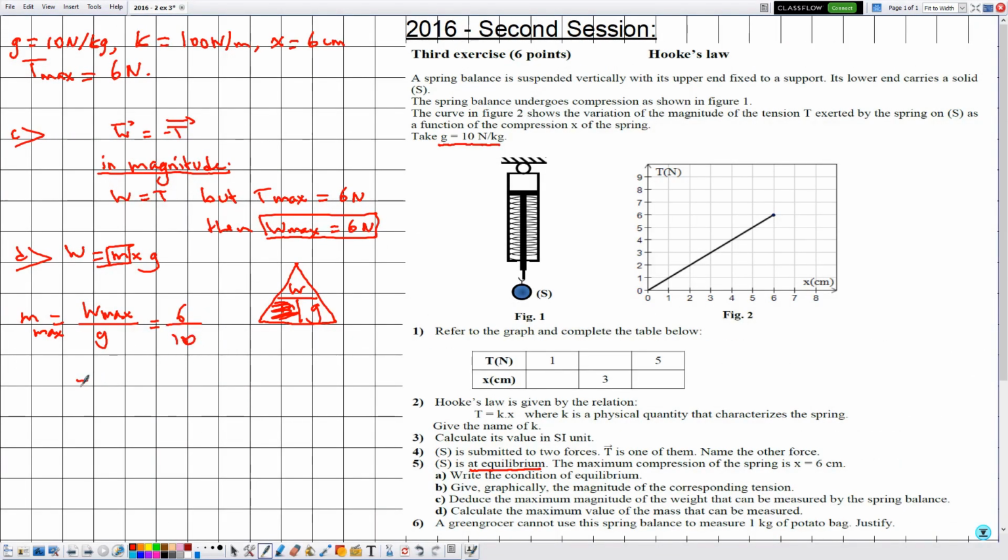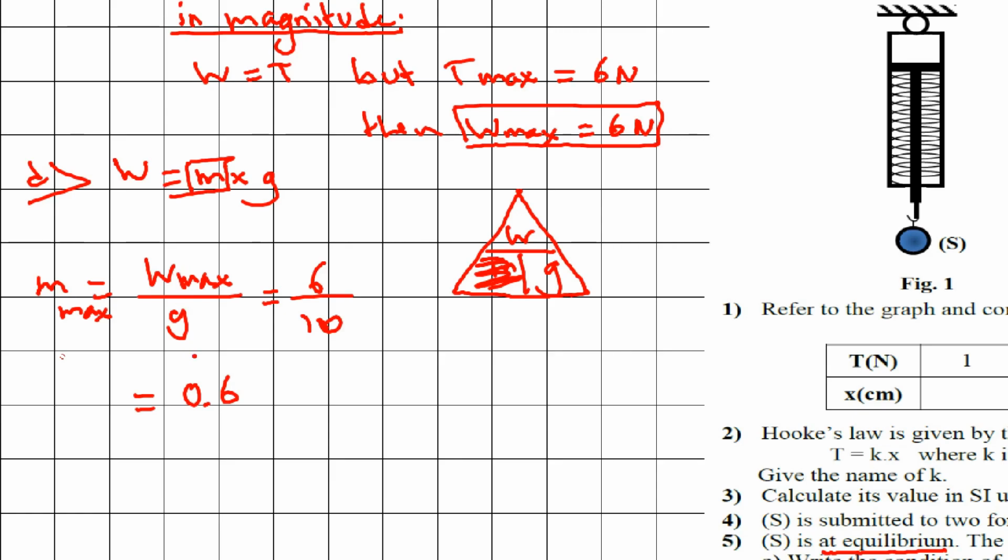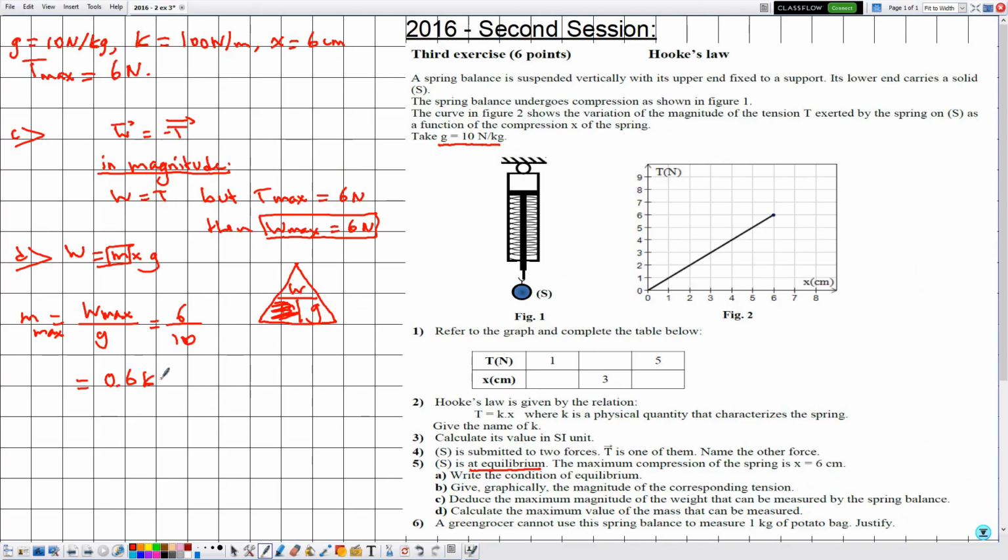Now plugging this fraction on the calculator, the maximum mass is given by 0.6. Since W max and g are in the SI, the value of m max will be in the SI, which is kilograms. Then the maximum mass is given by 0.6 kilograms.